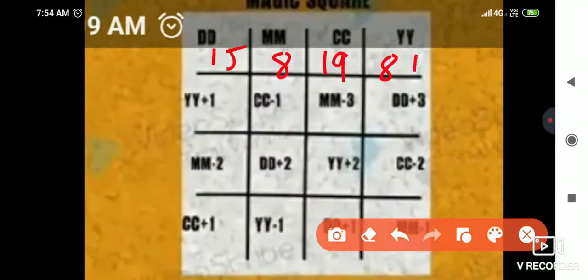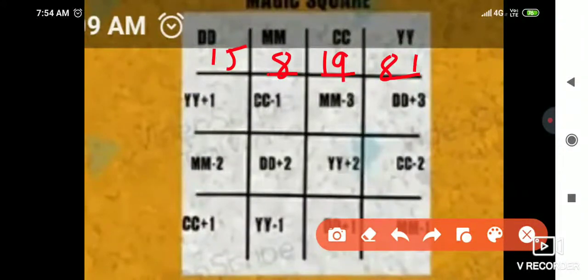So DD means 15 is my date, month is 8, CC means century, the 19th century, and year is 81. In this way, year you have to add 1, century minus 1, month minus 3, date plus 3. If you add this way and put the values here, you will get your birth date's magic square.